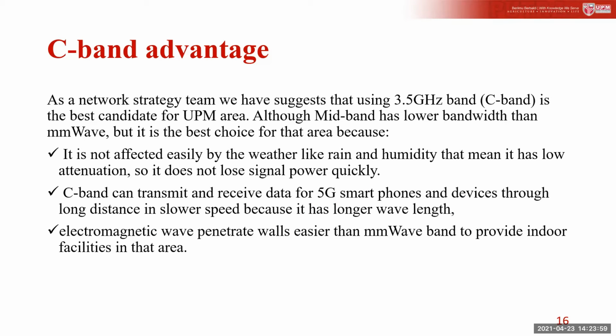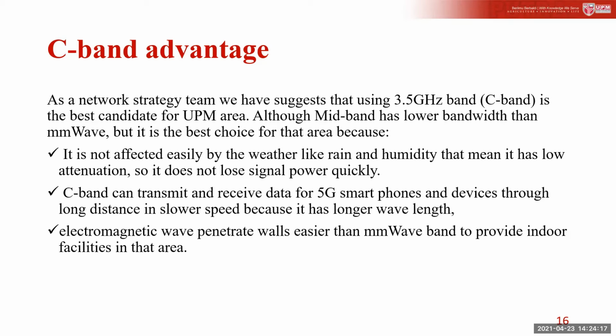Why, in this project, in case we wanted to build 5G in the UPM, would we choose C-band? The reason is that it is not affected easily by the rain. As we said, Malaysia is rainy usually, and humidity won't make it lose the signal power quickly.